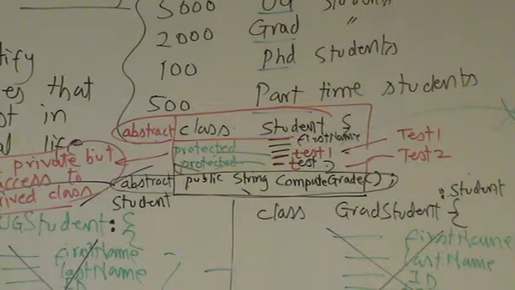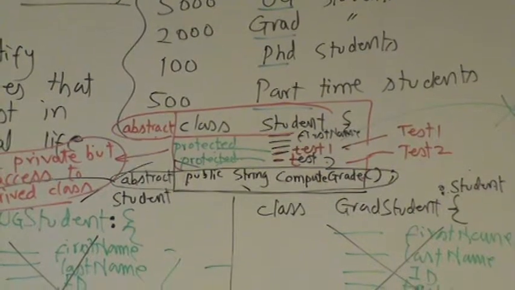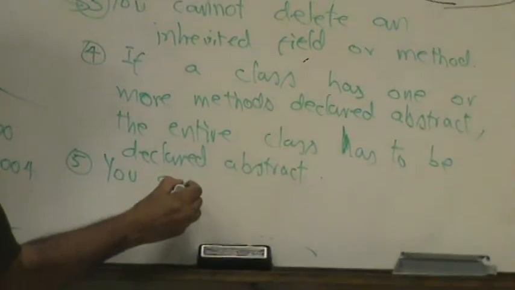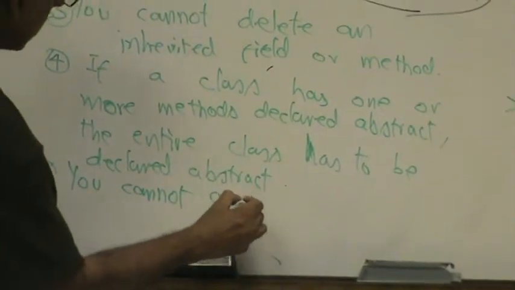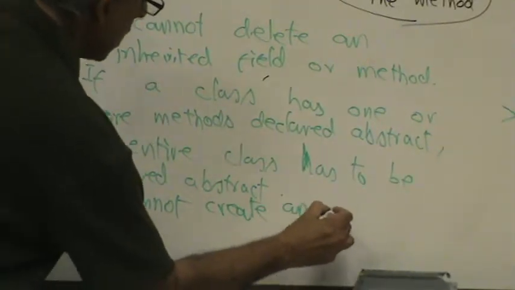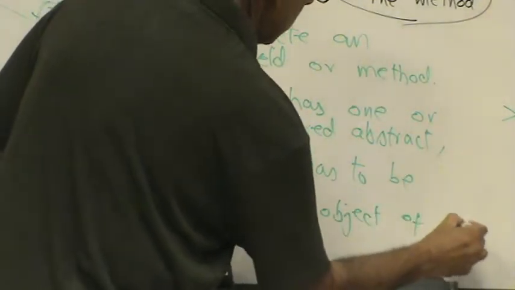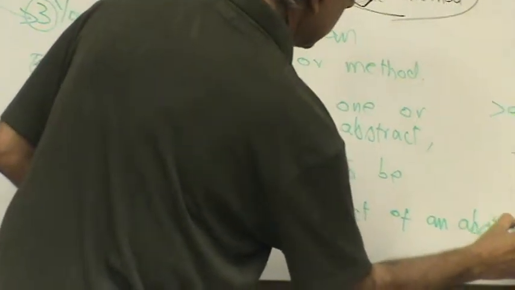Now, the minute a class is marked abstract, that also means you cannot create an object of an abstract class. So a related rule, number 5: you cannot create an object of an abstract class.